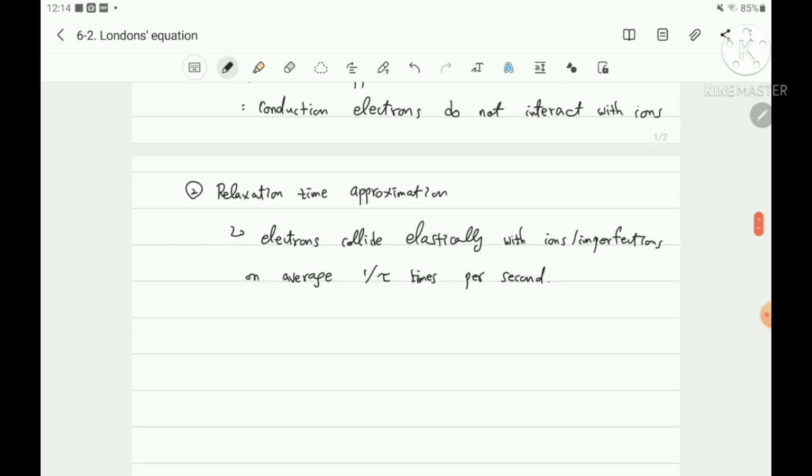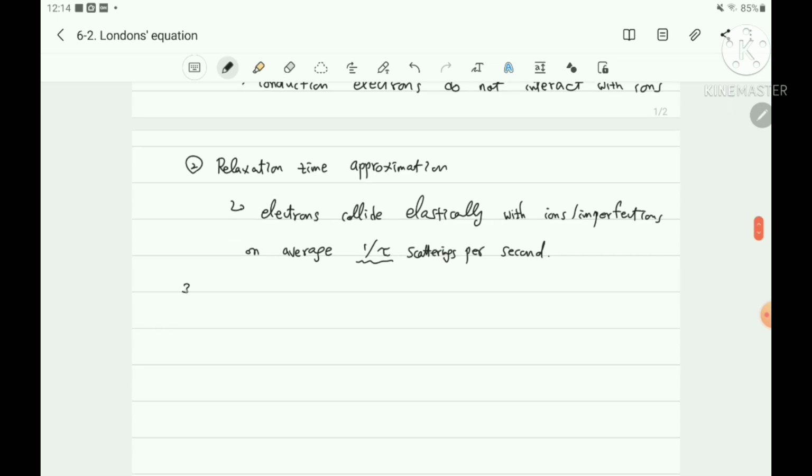In 1 second, there are 1 over tau scatterings. This is the relaxation time approximation.